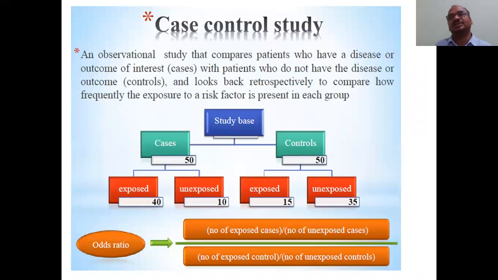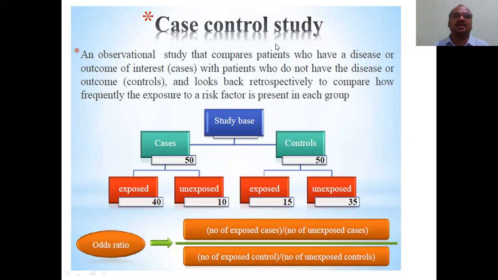Case control study. See here, case control study base. See this structure. Why is it called this? It is just like a cohort study. In my previous video I told you that smokers are there and non-smokers are there.